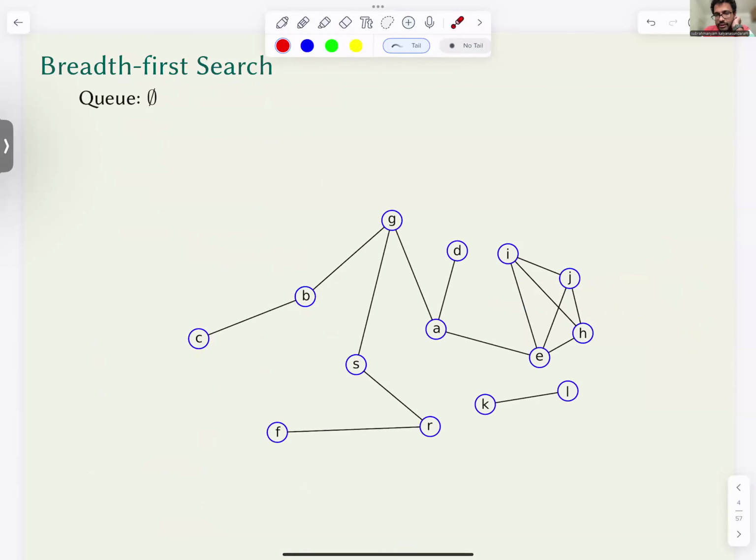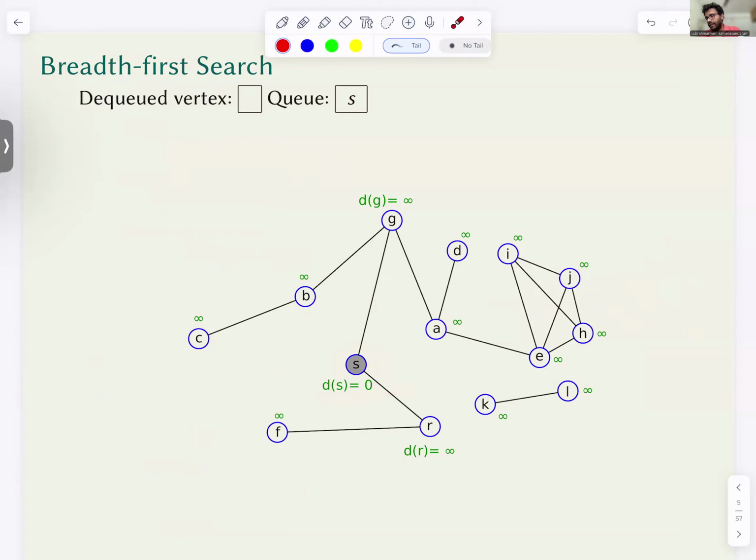Maybe I'll illustrate with an example. This is the graph that I have. It's an undirected graph, so we'll just do it on undirected graphs for now. S will be our starting vertex. Initially, the D value is assigned to be 0 for S and infinity for everything else.